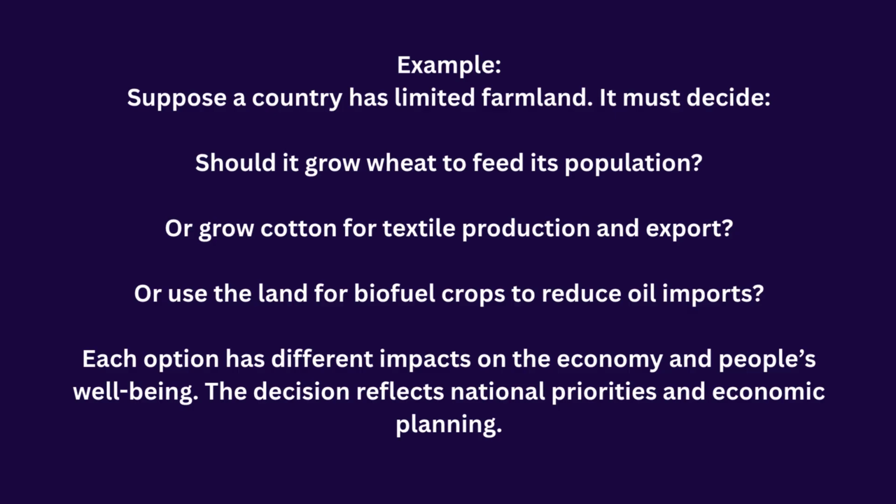So in some country, they have limited farmland, and they are deciding whether to produce wheat or textile or biofuel. It just depends on the country's economy, right? If more people are hungry, they need more food, which means the country will definitely go for wheat production, right?